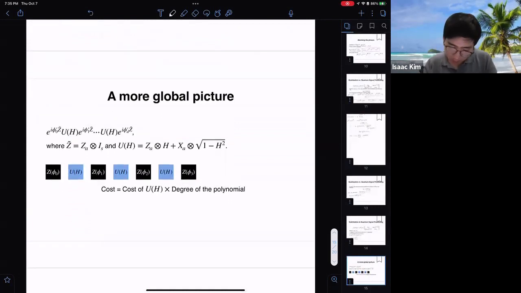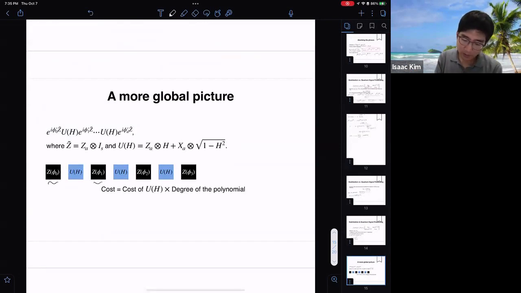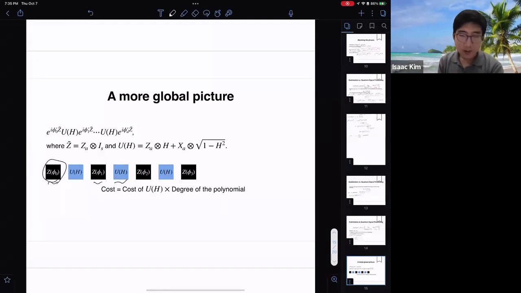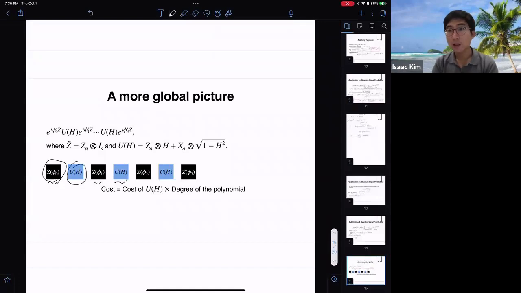But I just wanted to emphasize again that the global picture is very simple. If you look at this qubitization, all you're doing is a bunch of single qubit operations interleaved with a fixed unitary encoding of H. And as you can imagine, these single qubit unitary operators are extremely cheap compared to U of H, because U of H is a pretty highly non-local operator.